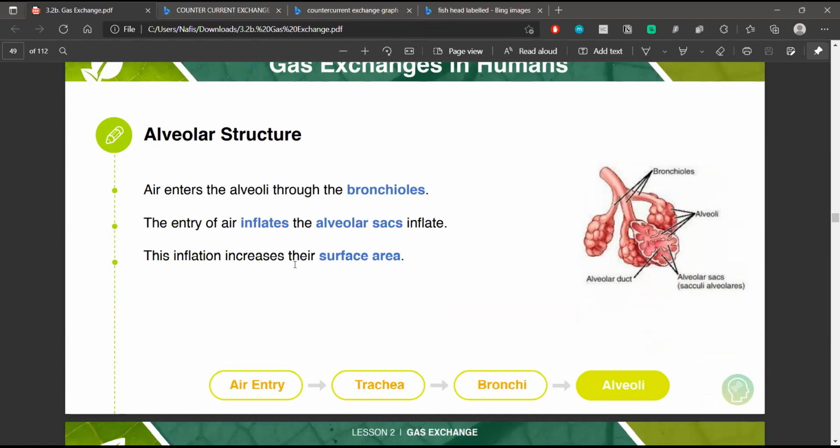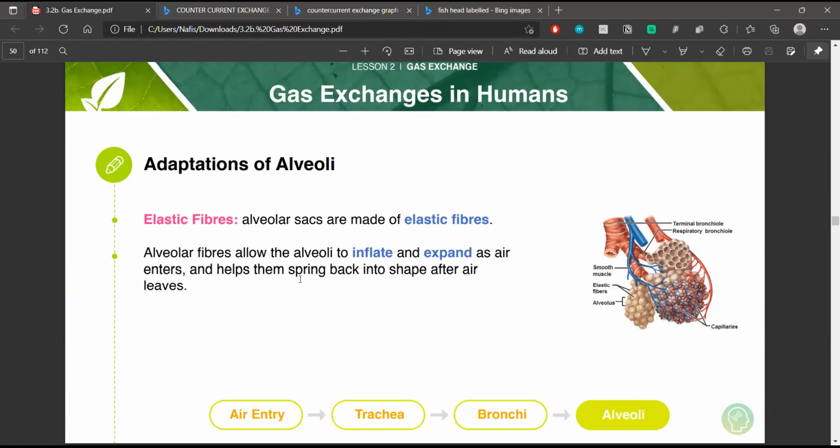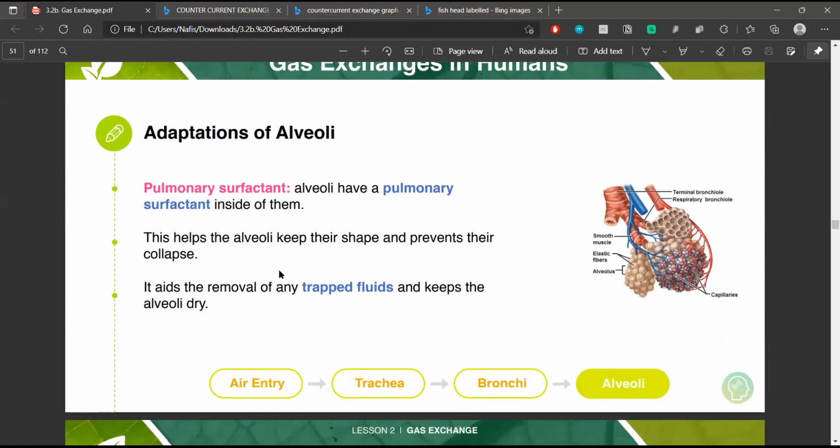They're kind of like balloons, and the inflation helps increase their surface area. They have elastic fibers to allow for stretch and recoil, which allows them to spring back into shape after air leaves. They also produce a small amount of fluid called pulmonary surfactant.